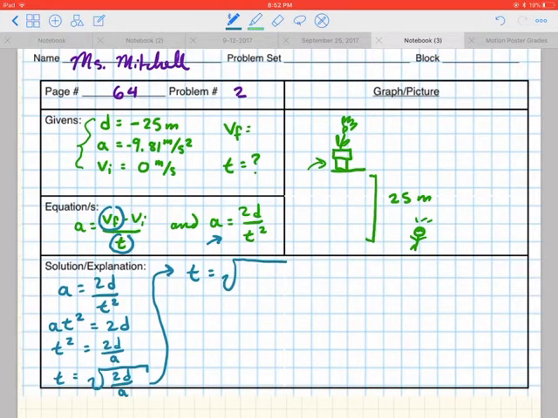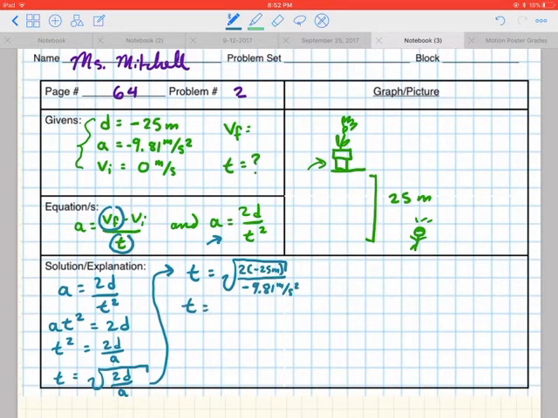Finally, square root of 2 times my distance, negative 25 meters, that's how far it went downwards, divided by, oh, thank goodness my acceleration of gravity is negative, because that will cancel out the negatives.